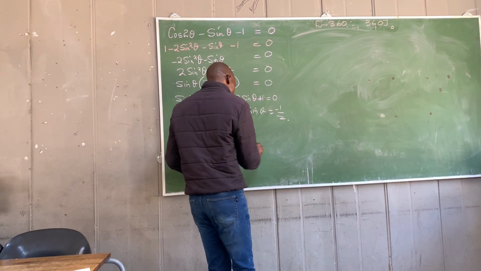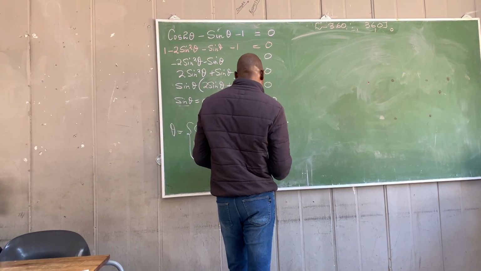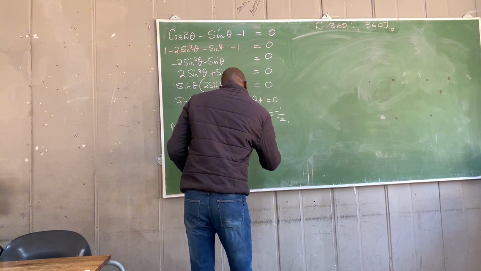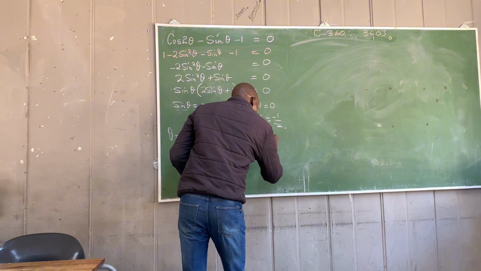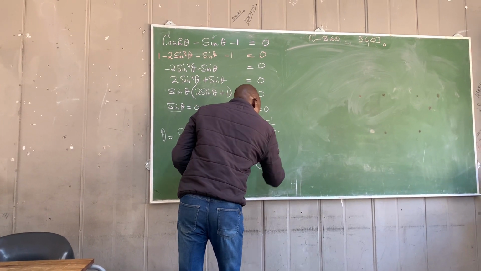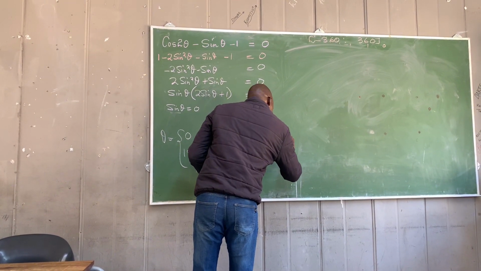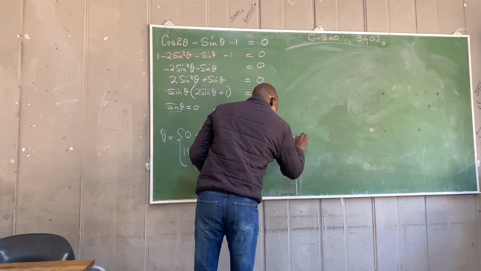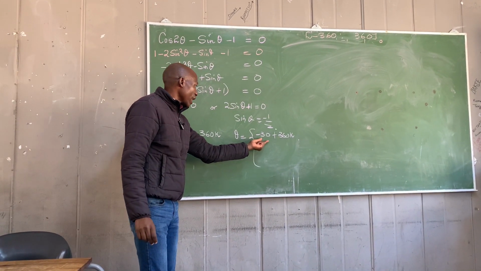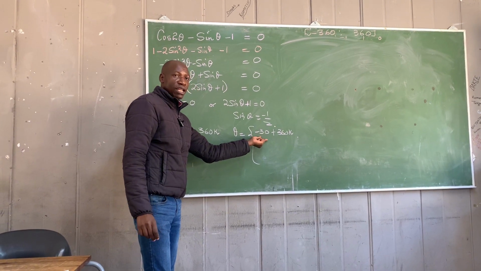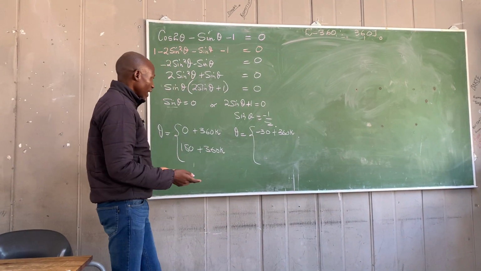We go to the next one. For sin theta equal to minus half, we will have theta equal to minus 30 plus 360k. Like I said, when it's a minus, you need to subtract again from 180.